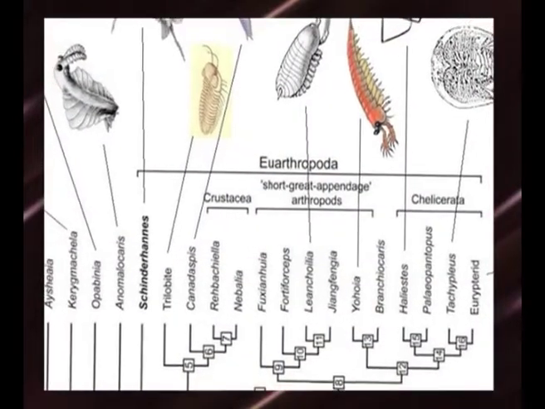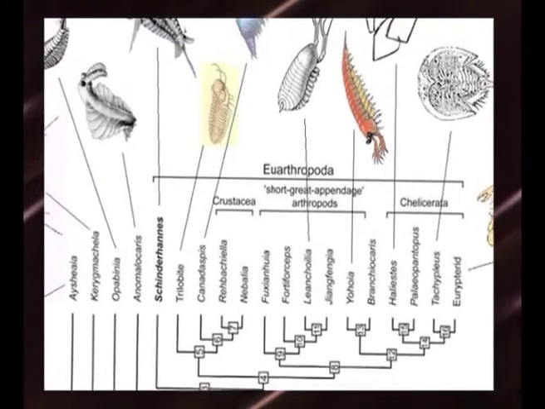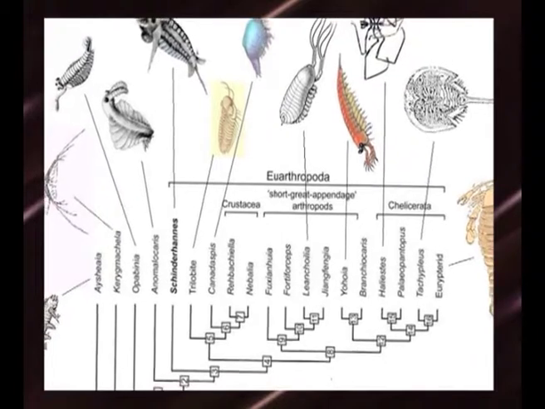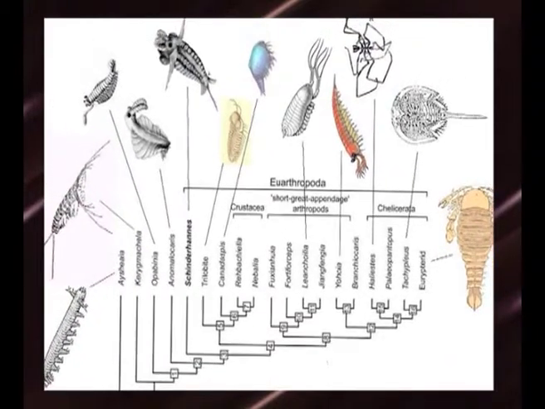Indeed, one study not only supports the crustacean-hexapod clade but also recognizes pycnogonids as the sister group to the other euarthropods.